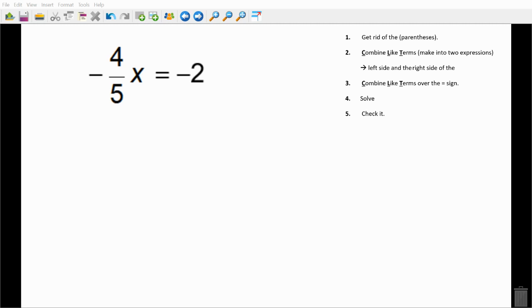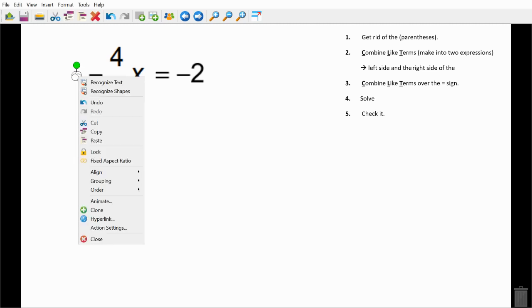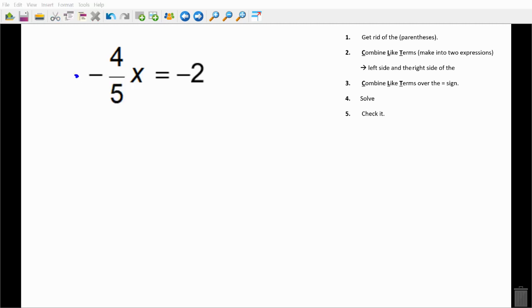With division. But instead of making more fractions, when there is a fraction, we are going to multiply by the reciprocal. So we're going to take negative 5 over 4. And whatever we do to the left, we do to the right. Where is that negative 2 right now? I can show you where it's at.